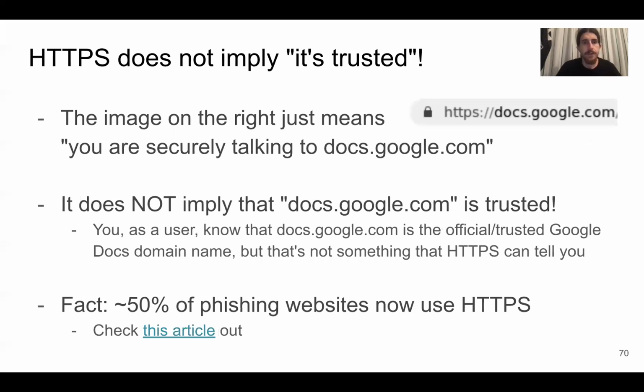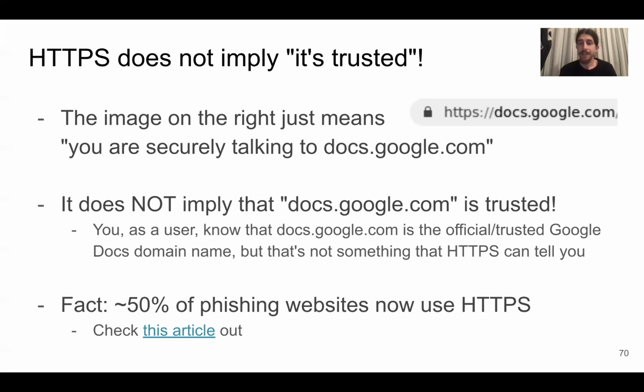Okay, so one huge disclaimer, and I'm going to ask this in the exam, please, it's extremely important, don't be confused. If you see a lock next to docs.google.com, what it tells you is that you are securely talking to docs.google.com, but it does not tell you that docs.google.com is trusted.